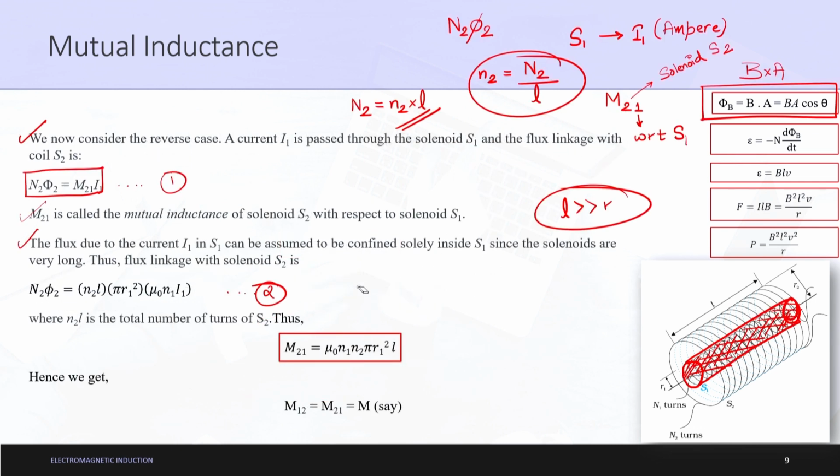So, M21 is equal to mu naught N1 into pi R1 square L. Hence, it is also written here that M21 is equal to M12 is equal to M. So, this is the concept we got when we calculated both the cases.